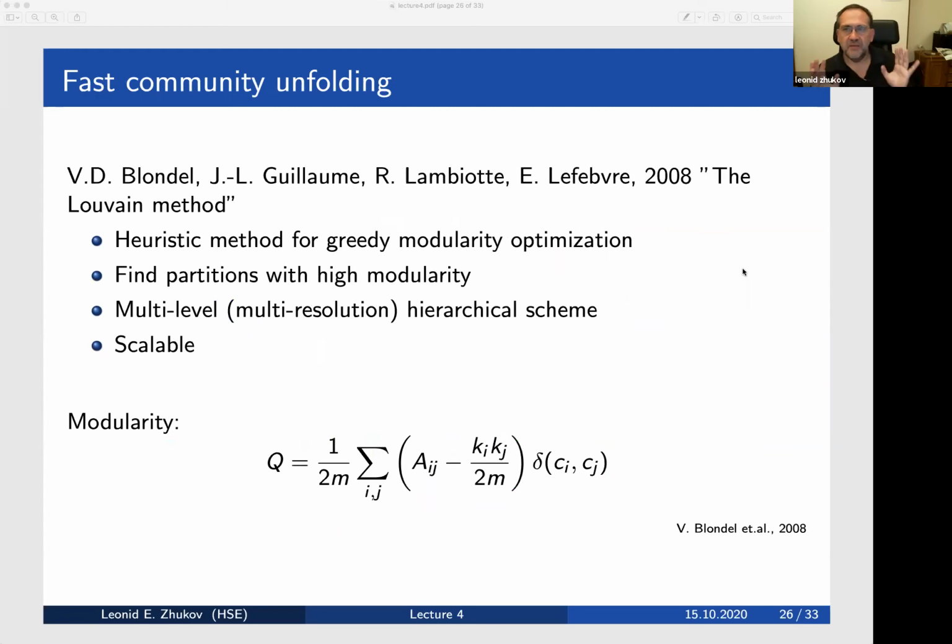Okay, now we're going to talk about a very different algorithm, which is called fast community unfolding. If edge betweenness was one of the first algorithms, this one, though it's 10 years old, is in fact still one of the most efficient algorithms out there. It's also a pure heuristic algorithm.